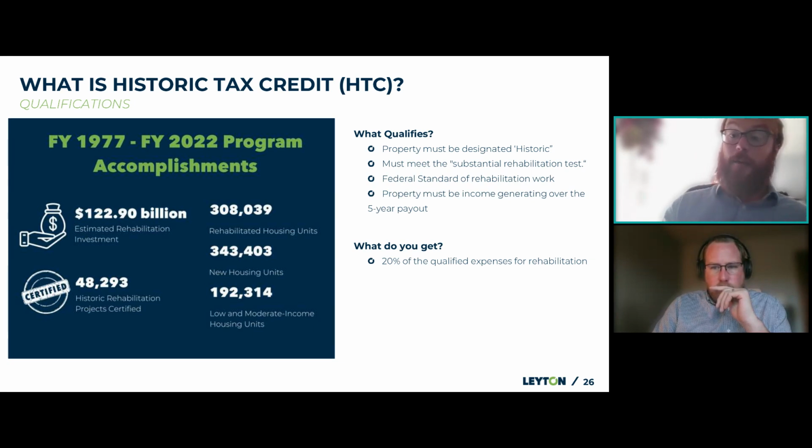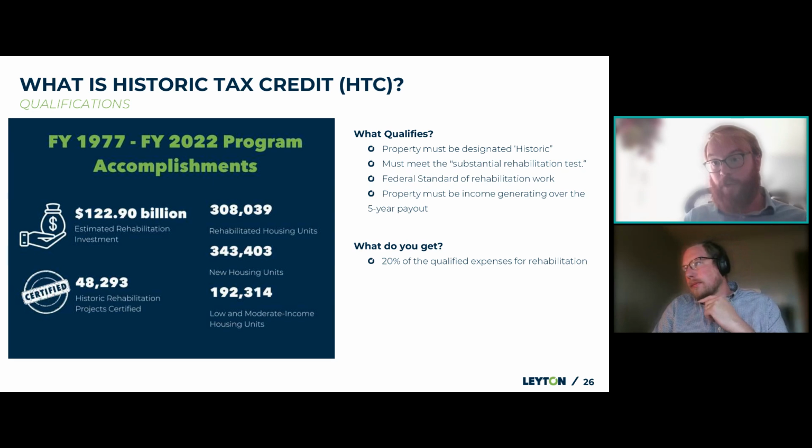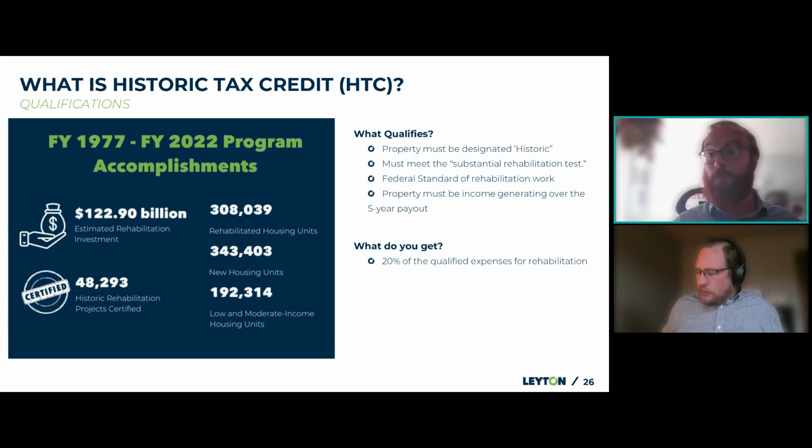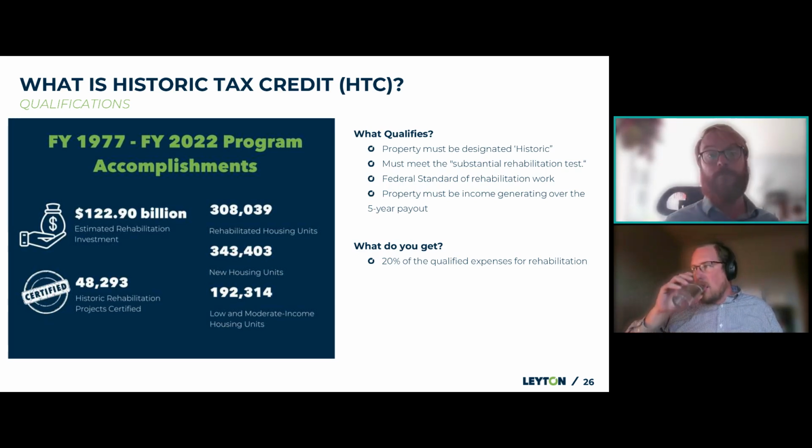And what you get is 20% of all the qualified expenses back from the rehabilitation. And with the 4% LIHTC tax credit being mainly for remodels, we see this historic tax credit leveraged a lot for 4% LIHTC projects.